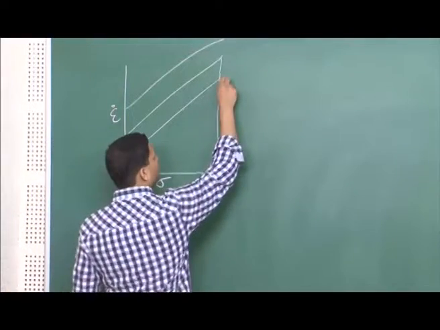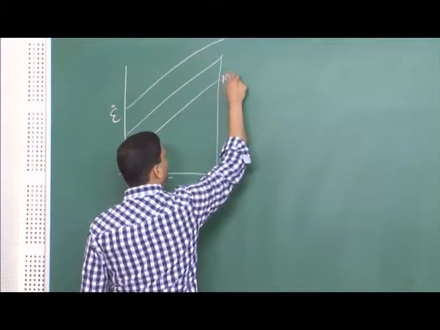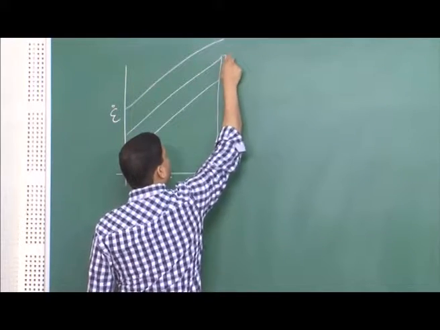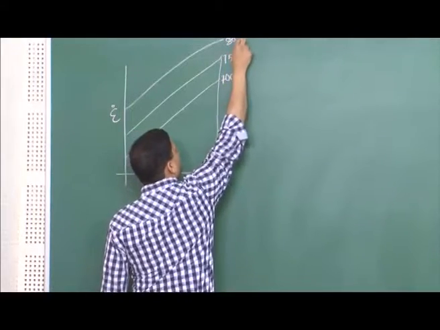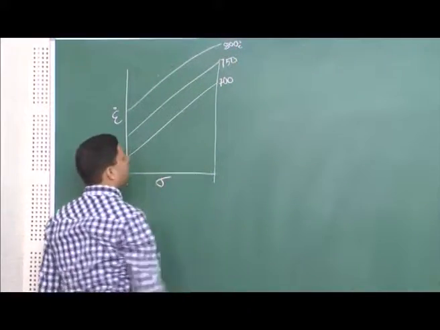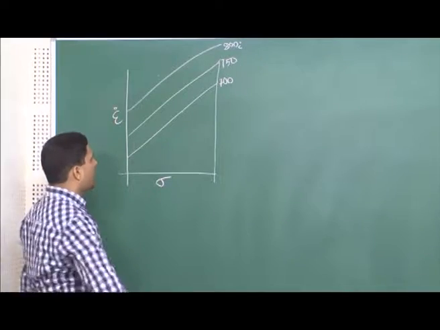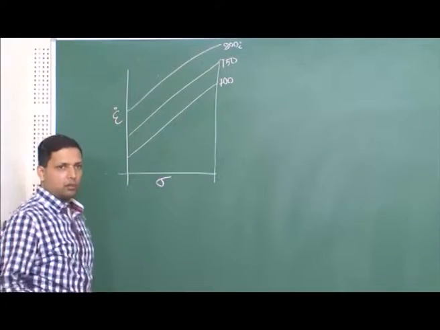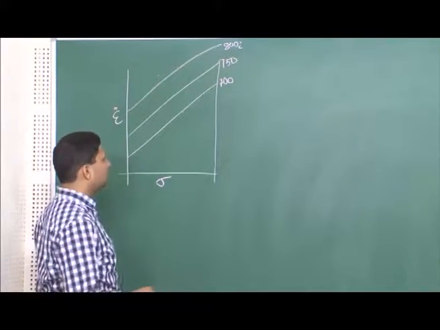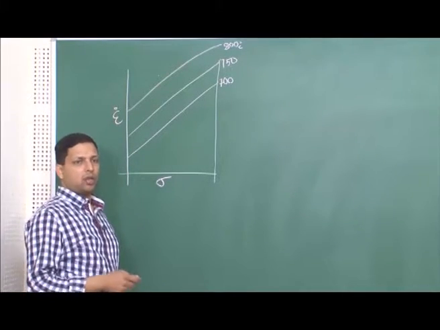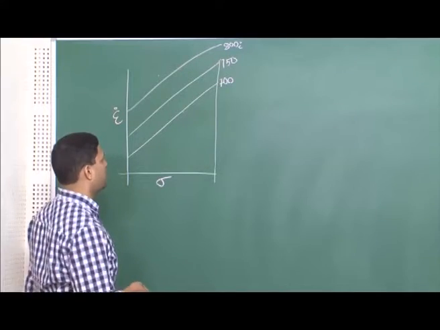For example, let us say this particular experiment was done for 3 different temperatures, 700, 750 and 800 degrees Celsius, and in that temperature range let us assume that the mechanism of deformation or the mass transport phenomena does not change.